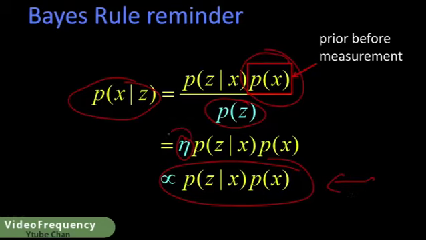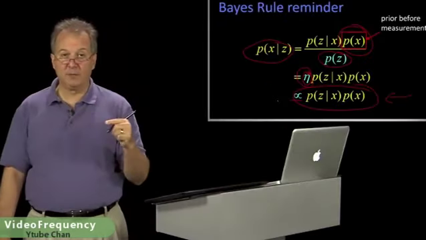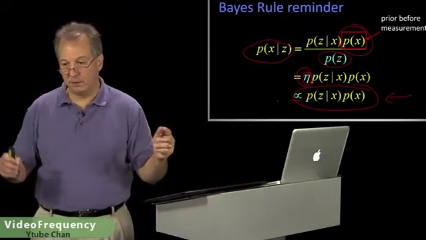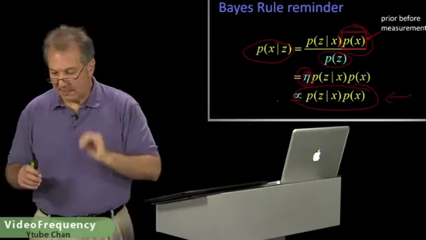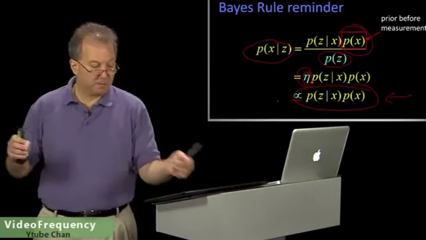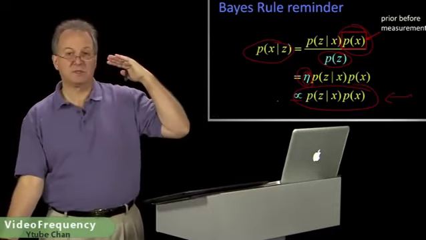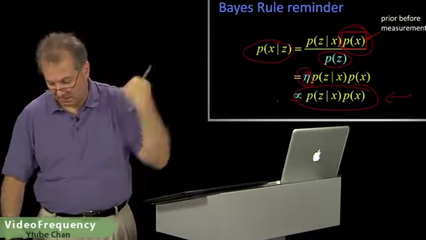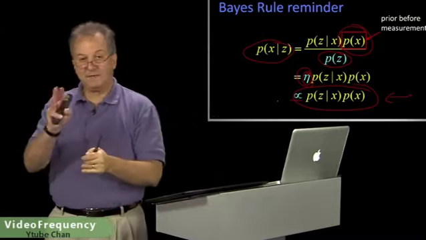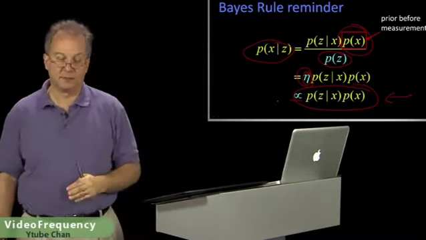That's why we write it as this eta, we talk about this proportion. And in fact, next time when we do particle filtering, you'll see that we sample all these x's, we multiply them by their likelihoods, and we get all these values, but they don't sum to 1. So what we have to do is sum them all up, then divide each of those by that sum, and they'll sum up to 1 again.